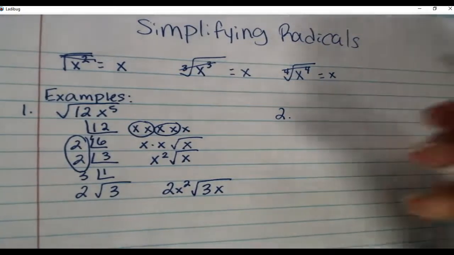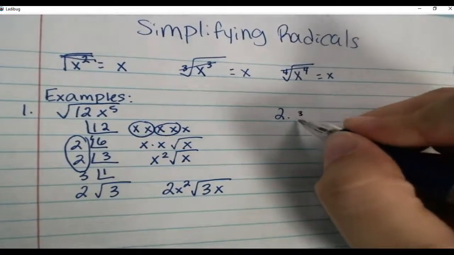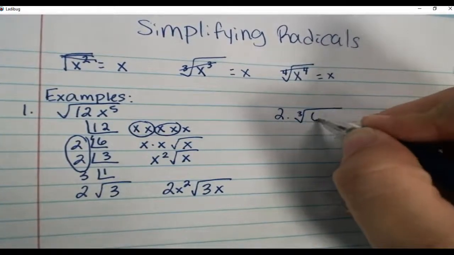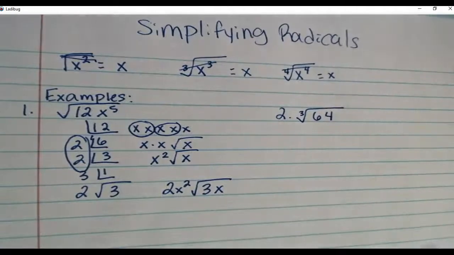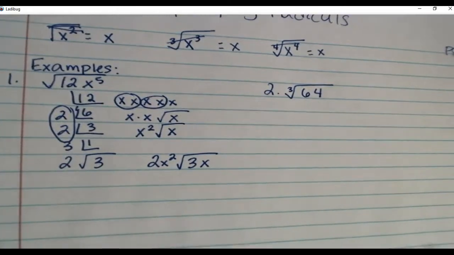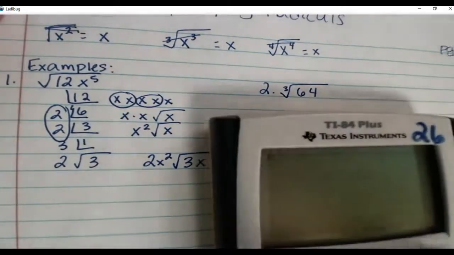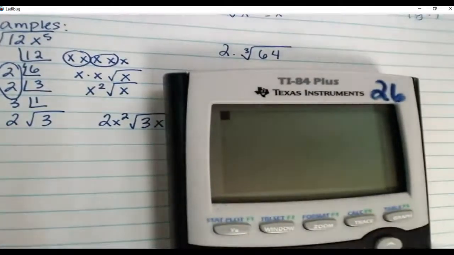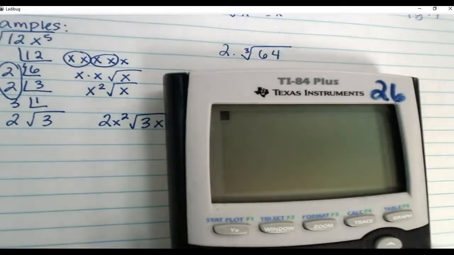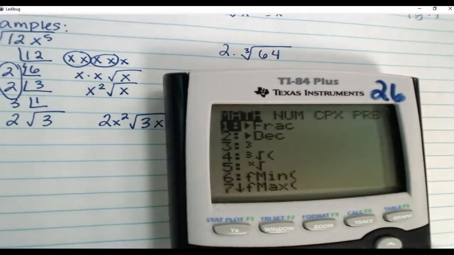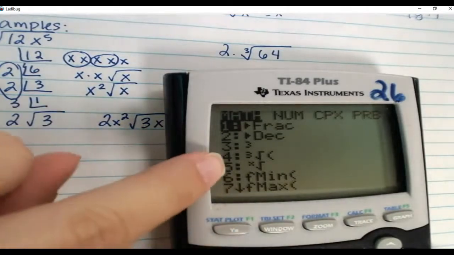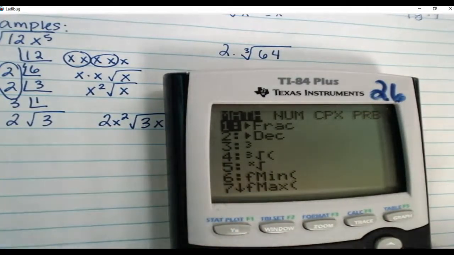So let's say we want to do a cube root. Let's do the cube root of 64. You always want to check and see if it's a perfect cube. To type a cube root in your calculator, go to Math, and then if you look at number 4, it says cube root.